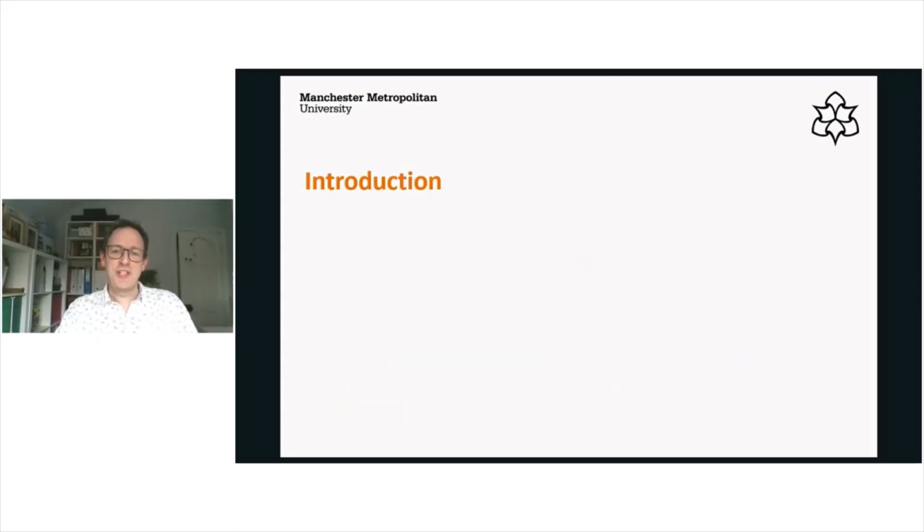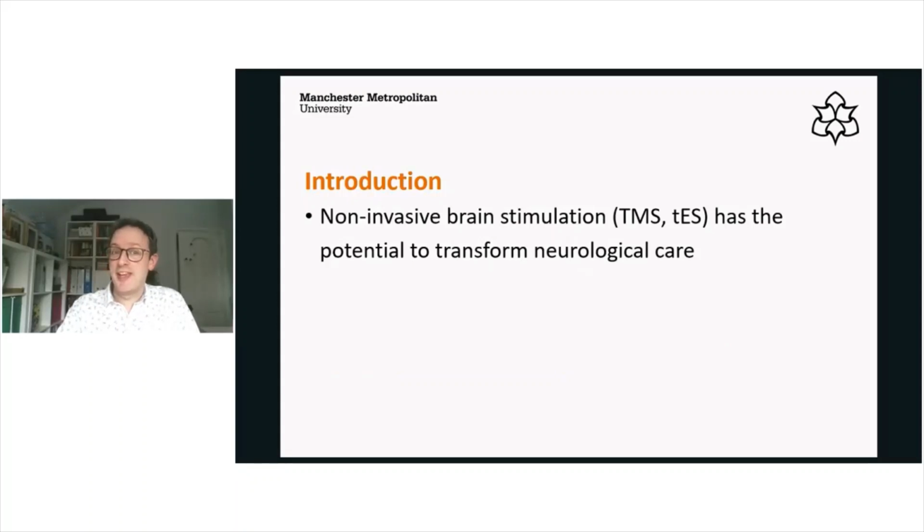So why are we doing this? Well, I guess we're all here at this meeting because we believe in some way that brain stimulation, whether we're talking about TMS or one of the electrical modalities, has some role to play in helping people to do things better. So whether we're talking about fixing neurological problems, or maybe cognitive enhancement in otherwise healthy people.